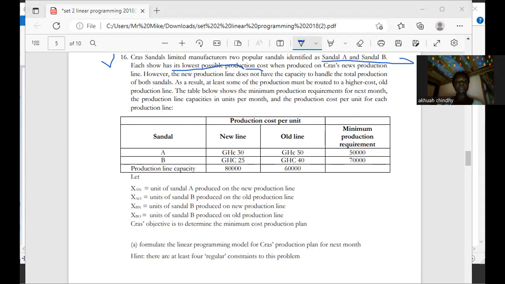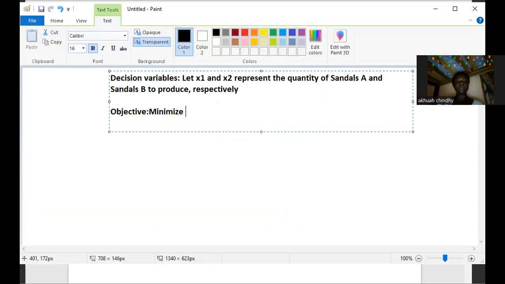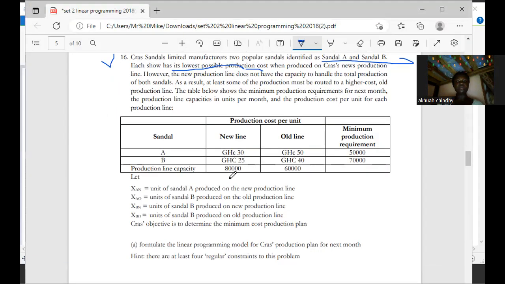So we can write here: minimize costs. And then we said that with the objective function, there is always a contribution from each variable. So if the objective is to minimize cost, then in general, you have to know the cost that comes with producing on the new line for A, and the cost that comes with producing on the new line for B. So in this table, you have to be careful because this is production cost.